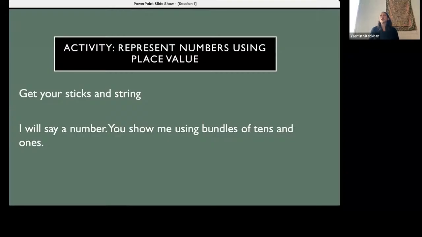Let's say 12. Let's see, Lydia. You've got sticks. Show me the number. Lydia, tell me what you're showing us.